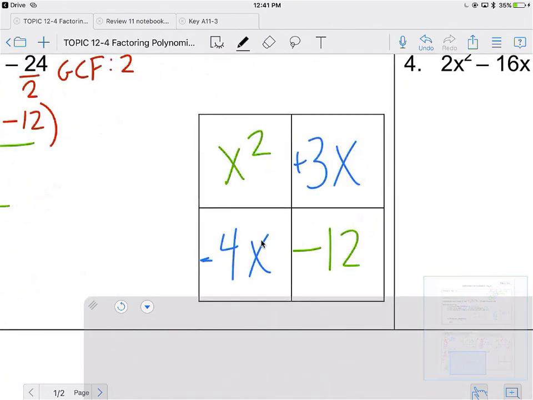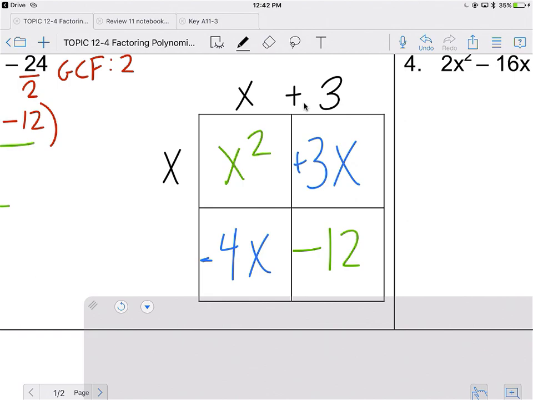As I slide my GCFs out, x squared and negative 4x, I slide up and they share an x. 3x and negative 12 share a positive 3. Remember that whatever is closest to where you write your answer, I have a 3 as positive, so I write my 3 positive. Going horizontally, x squared and 3x share an x.